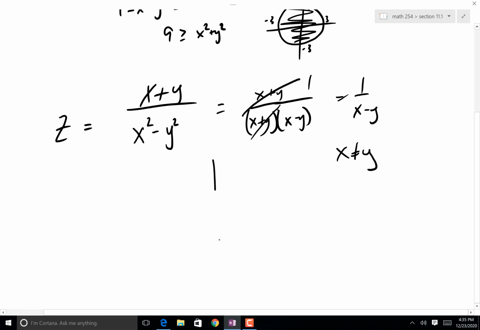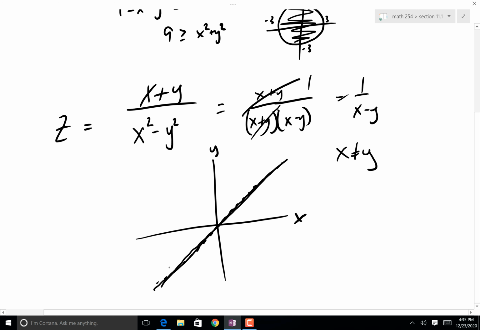That means this is the line y equals x, looking down at the xy plane. Is that a plane or a line? Anywhere on this line in the xy plane, we can't be, regardless of whether we're up above it or not. You cannot have the point (5, 5, something), because x and y can't equal one another.